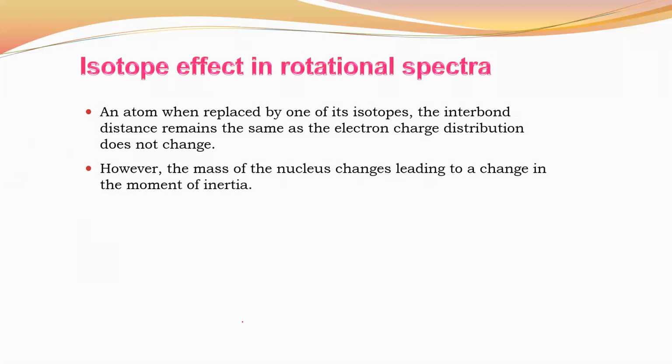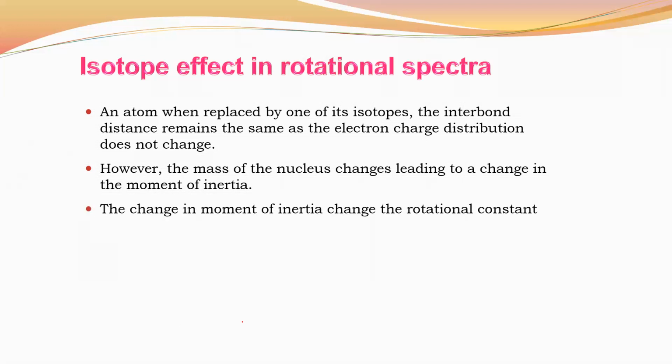However, the mass of the nucleus changes, and this leads to a change in moment of inertia. This change in moment of inertia changes the rotational constant, because we know that B is equal to h square divided by 8 pi square I. So moment of inertia changes, then B changes.